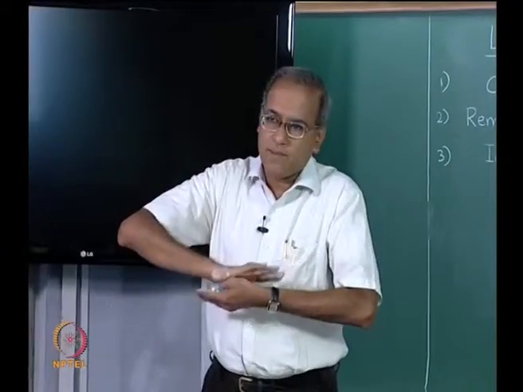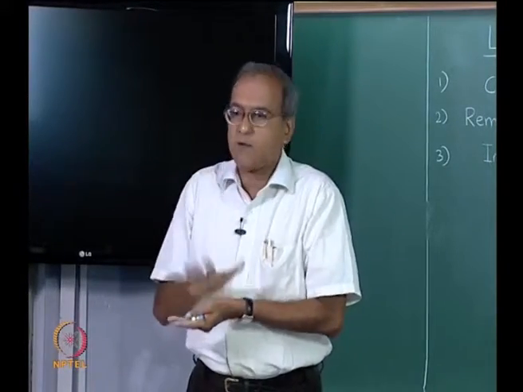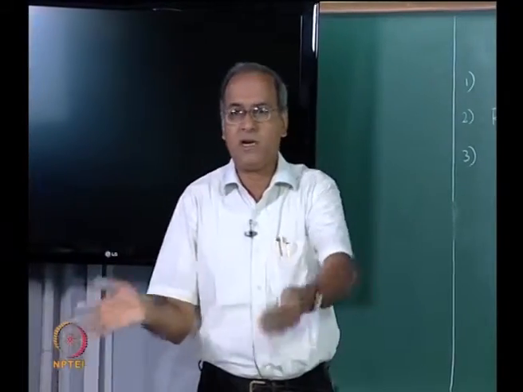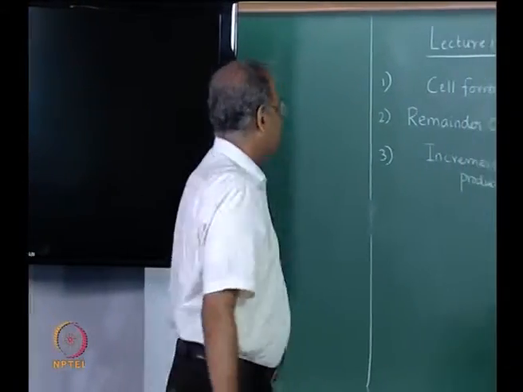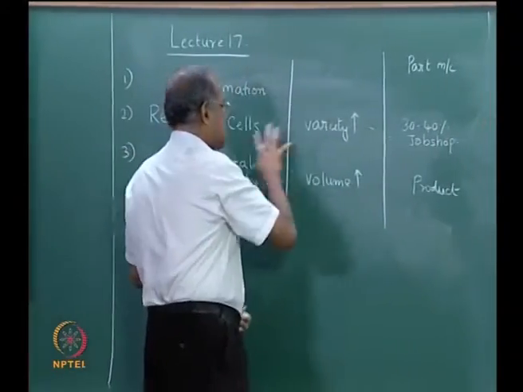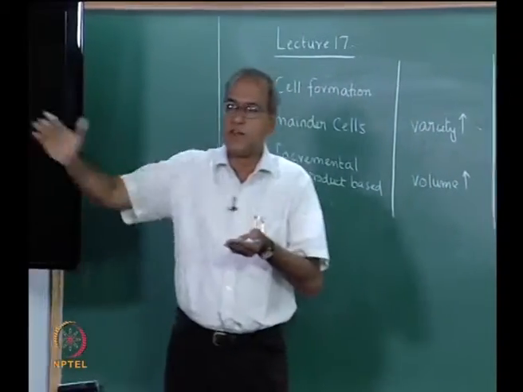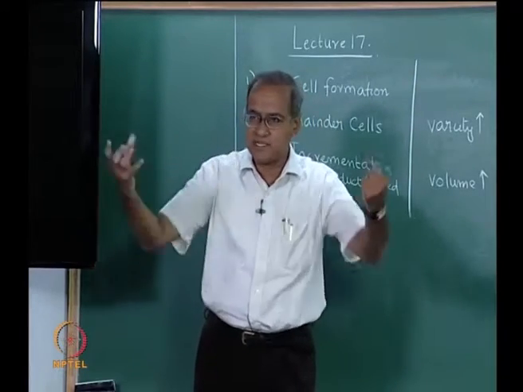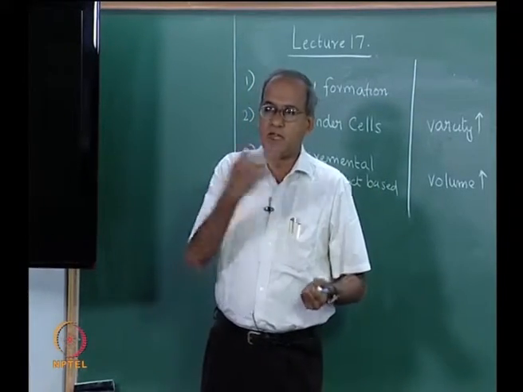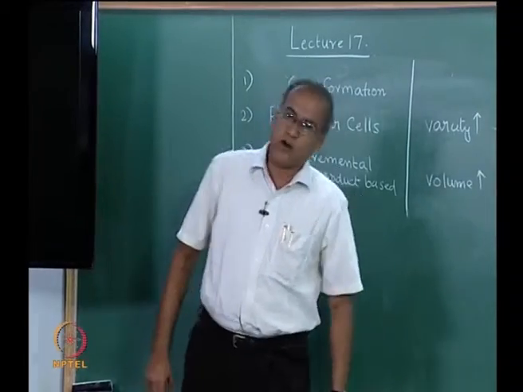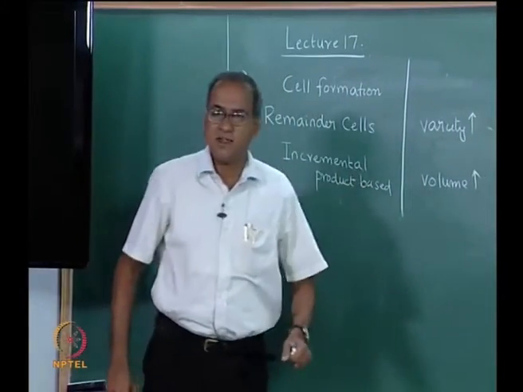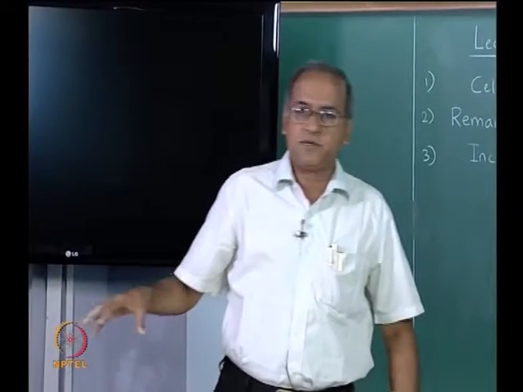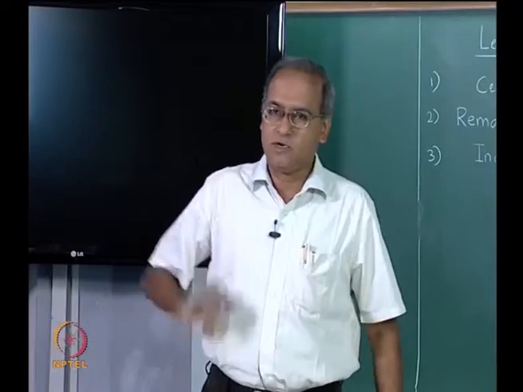So finally for a particular product we may require parts coming from different cells, and the product is assembled and produced. This is applicable to the same scenario, but there is a large variety, therefore we are unable to create independent cells which will make a family of parts. Therefore we have a common facility where some of them will go, you may call it a job shop, a remainder cell and so on.